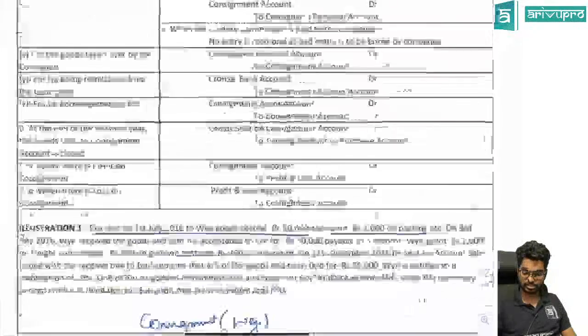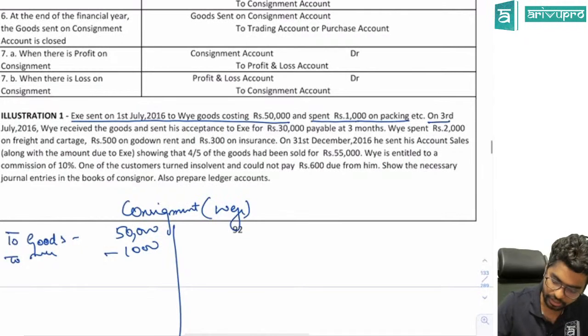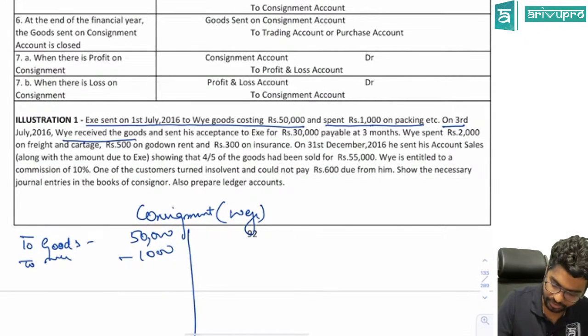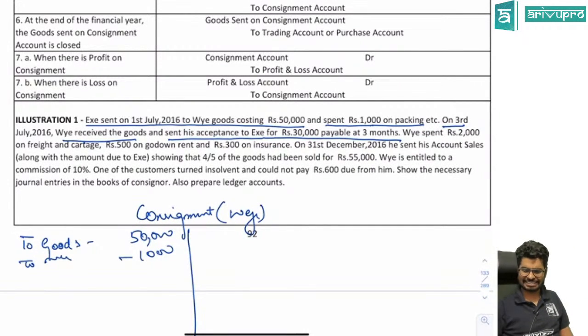Guys, next. Now see here, on third, Y received goods and sent his acceptance to X for 30,000 payable after 3 months. What is this? Sent his acceptance to X, 30,000 payable. What is this whole part?